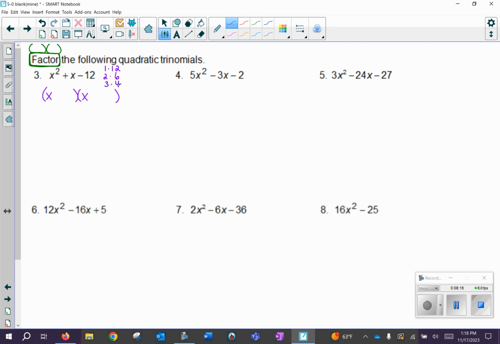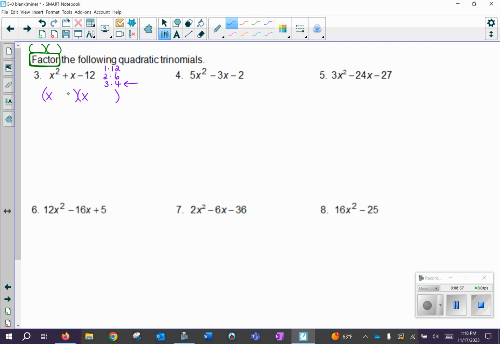Now the 90-10 rule says 90% of the time it's going to end up being the numbers that are the closest to each other. So you're going to guess 3 and 4 before you would ever guess 2 and 6. And last resort, you would guess 1 and 12. Okay, so guessing and checking involves this.